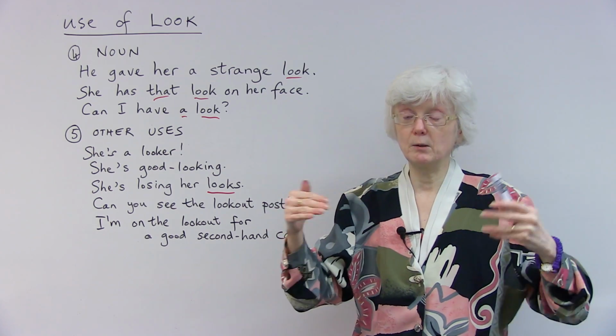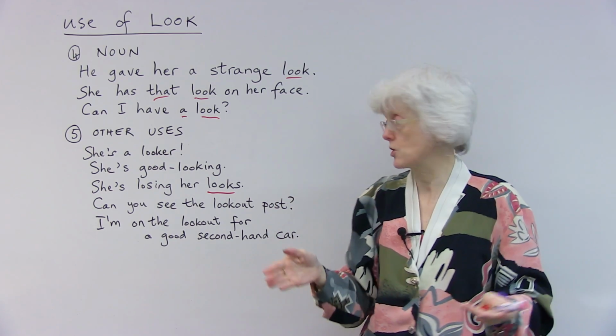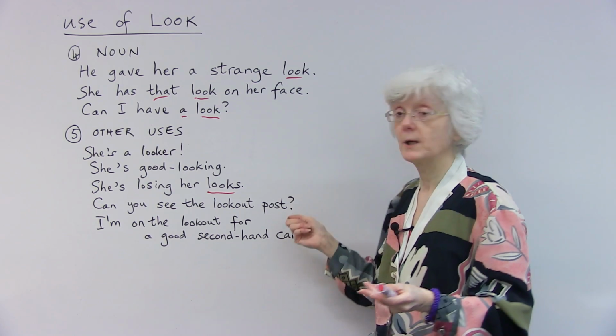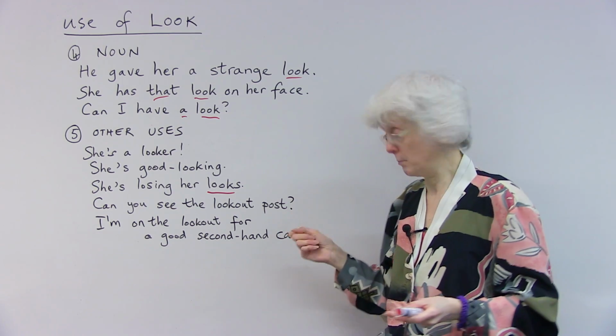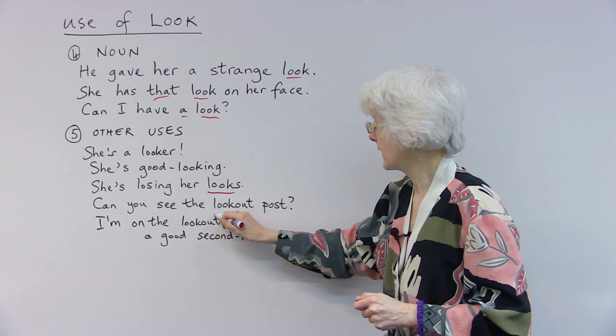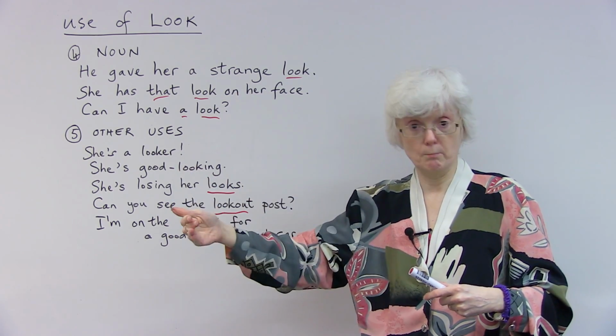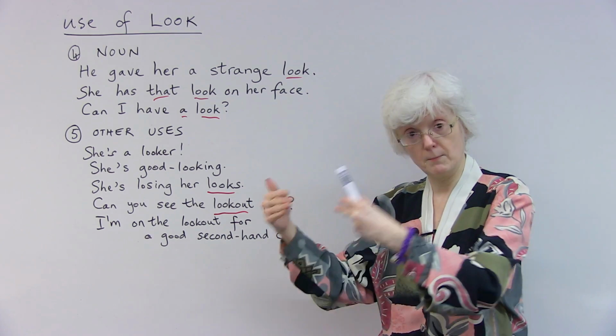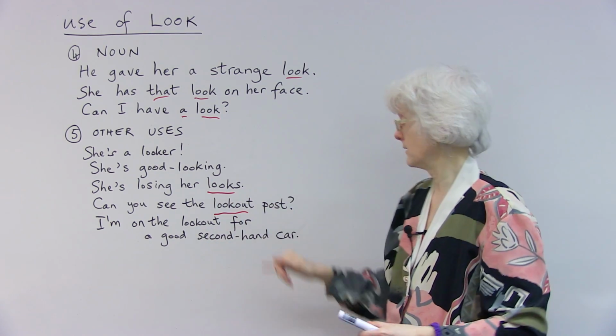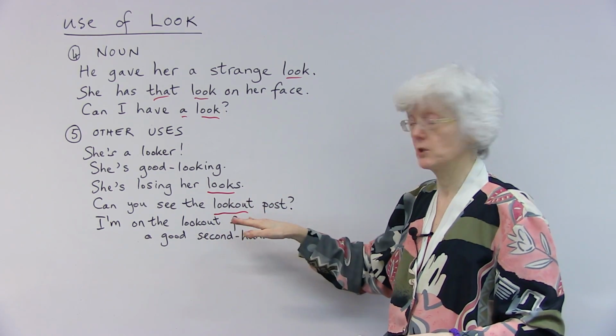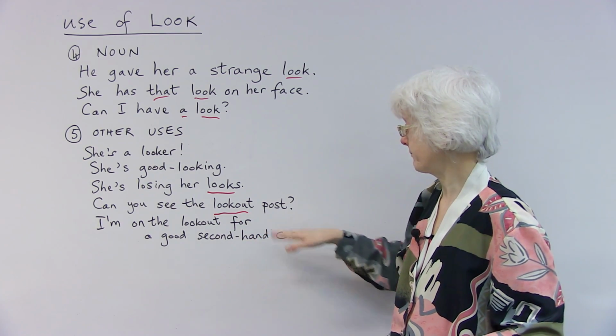So there's the lookout post sometimes on the beach. So can you see the lookout post? So lookout post is where you look out from. You look out from that position. So that's why it's called lookout, all as one word.